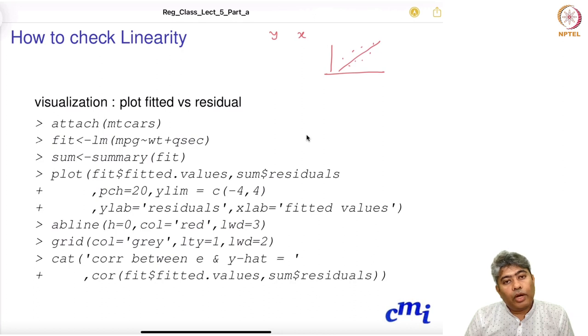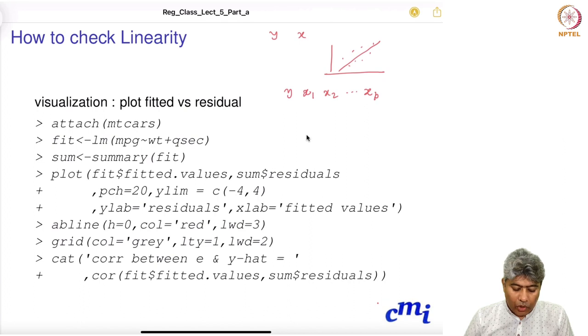But if you have multiple independent variables, like data with y, x1, x2, up to xp, p many variables, that means your data is in a p plus one dimensional geometry, then it is very difficult to tell whether the model is really a linear hyperplane or not.